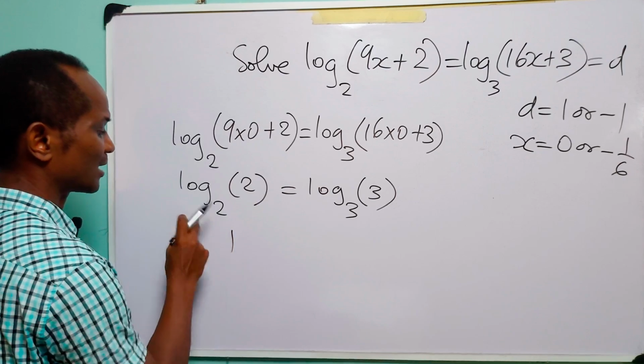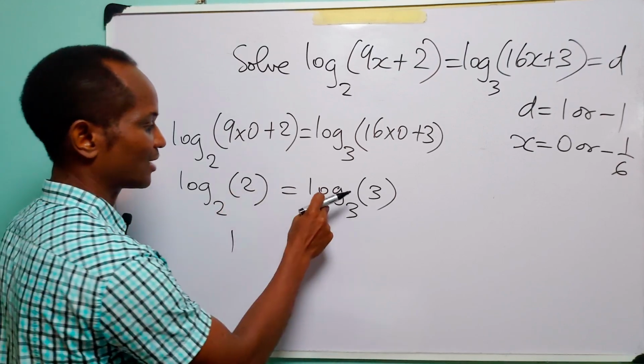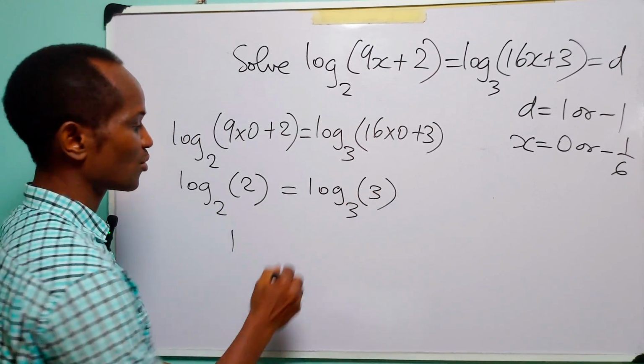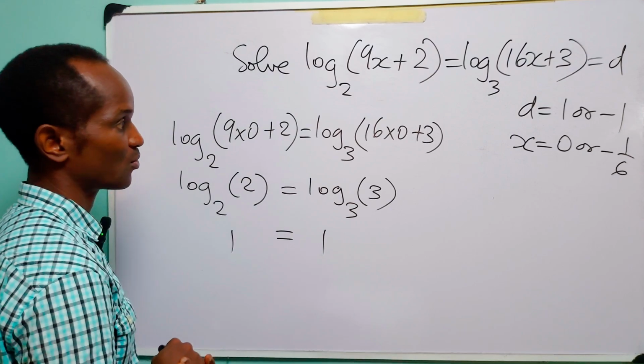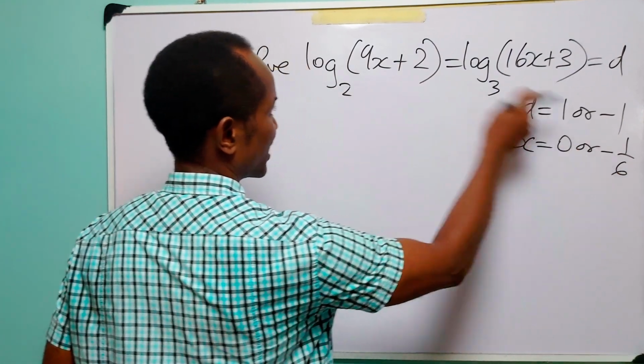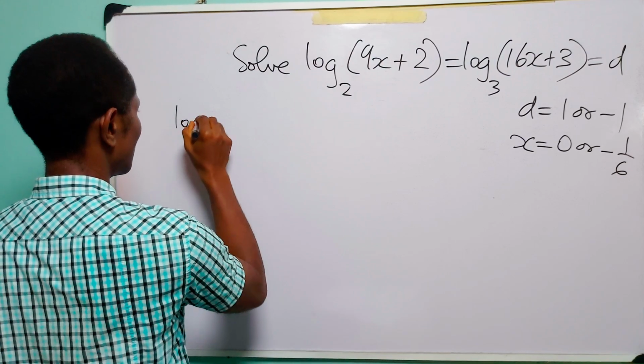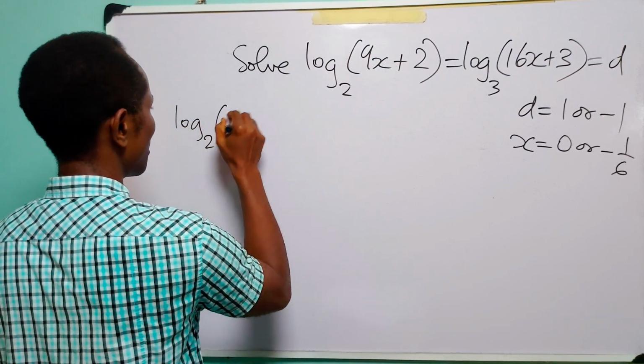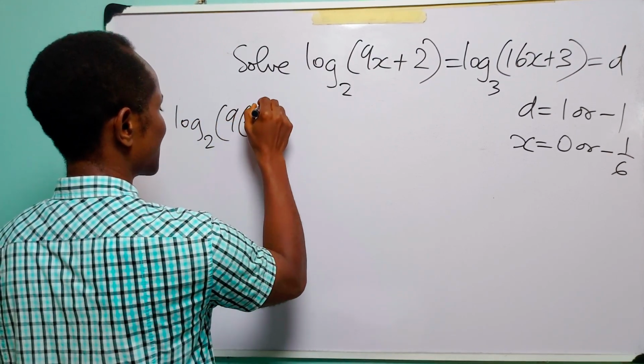And obviously we know that log to base 2 of 2 is 1, and log to base 3 of 3 is also 1. So 1 is equal to 1. So that works.